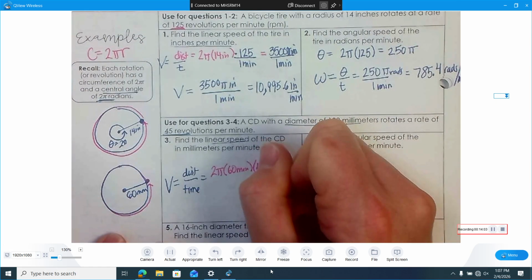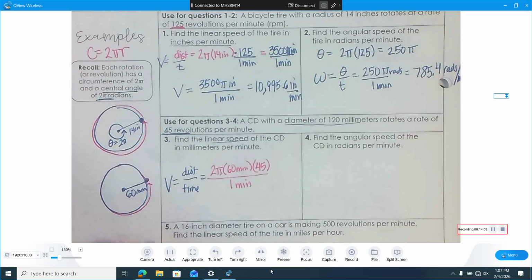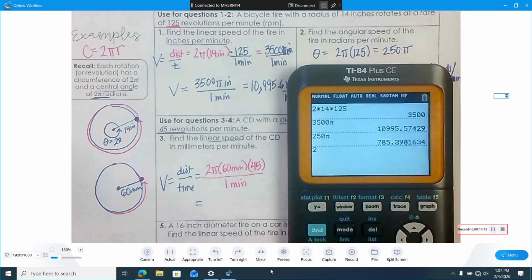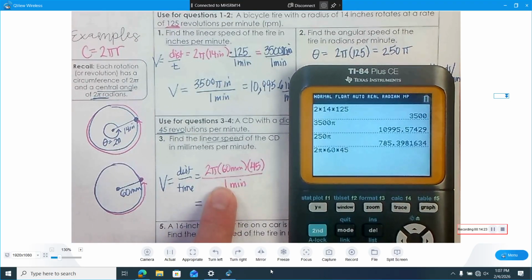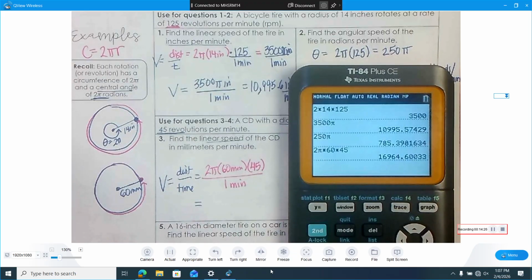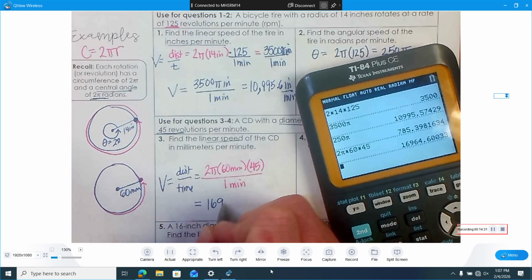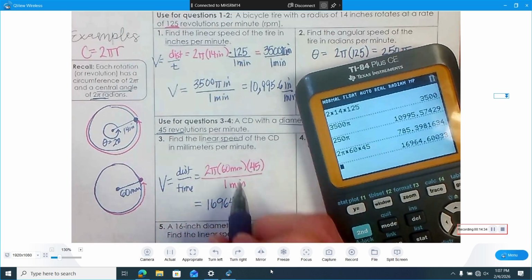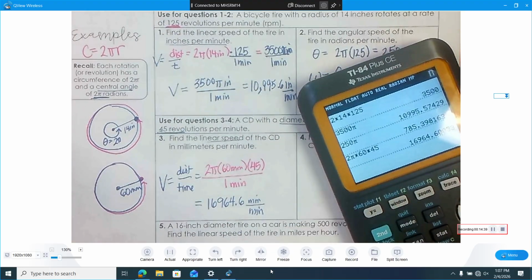Times 45 rotations per 1 minute. I can plug that into my calculator. 2 times pi times 60 times 45 is 16,964.6 millimeters per 1 minute.